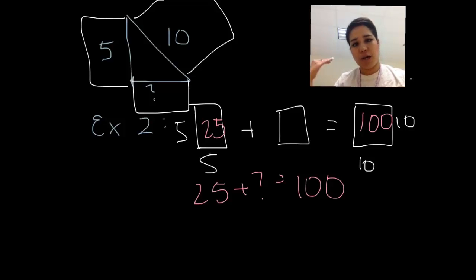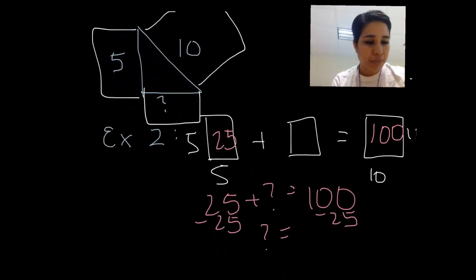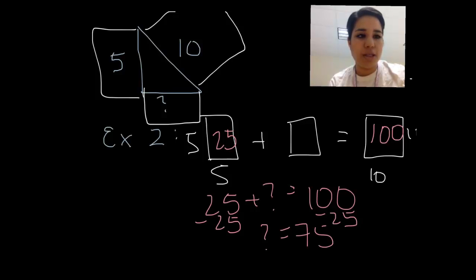I need to subtract 25 from both sides so that I can find what that area is. If I take away 25 from both sides, I end up with the area of this square being 75.